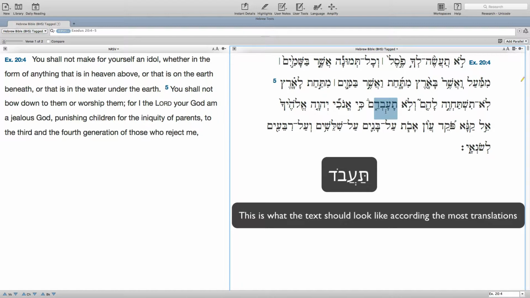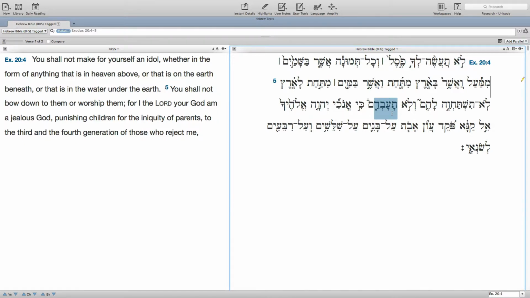But the vowel pattern here indicates to us that we should pronounce this word not ta'avdem, but rather to'avdem. And that this is not a regular kal binyan. We'll get to binyanim, but it's not the basic form, which means to worship.